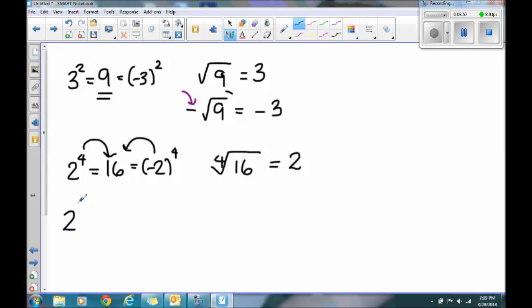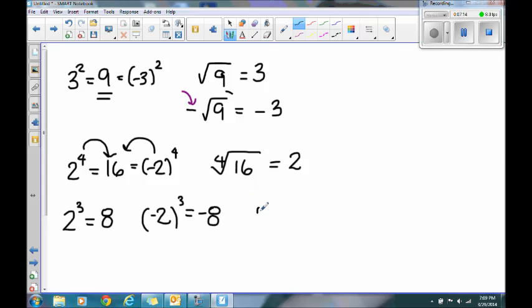Now realize that if I pick an odd exponent, and I raise 2 to the 3rd power, I'm going to get 8. But if I raise -2 to the 3rd power, I get -8.